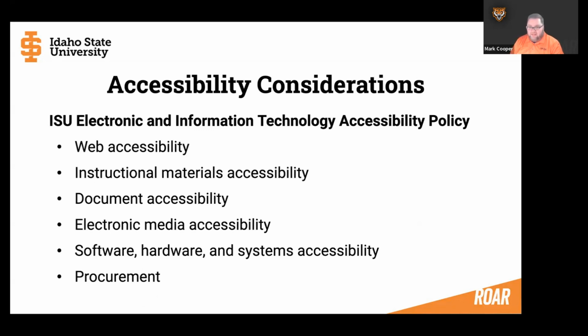And the policy governs accessibility for websites, instructional materials, documents, electronic media, software, hardware systems. All of those are under the policy, as well as procurement of any equipment or software dealing with accessibility. So that's the first thing.